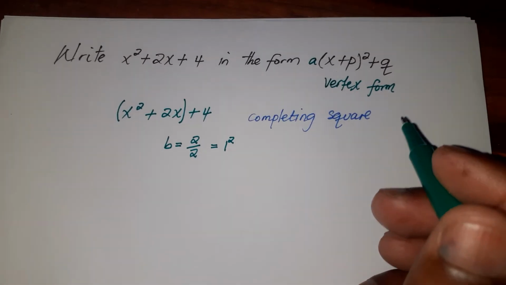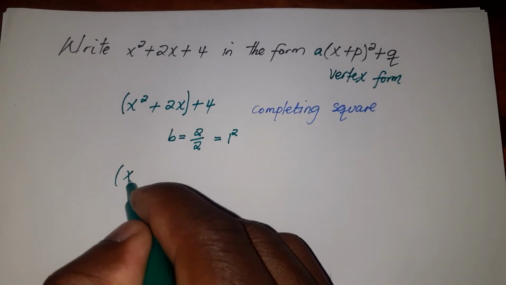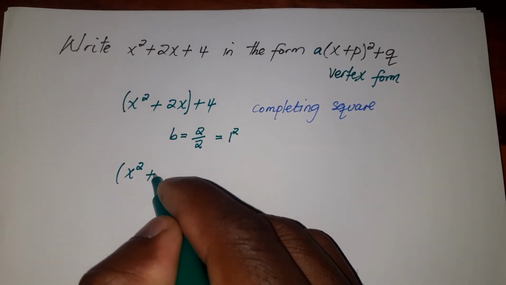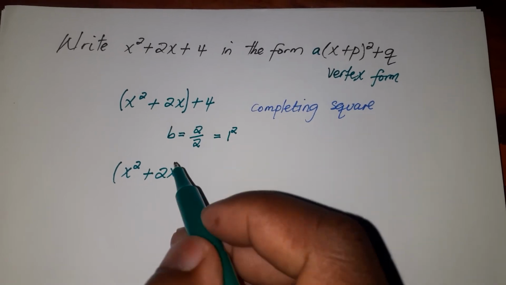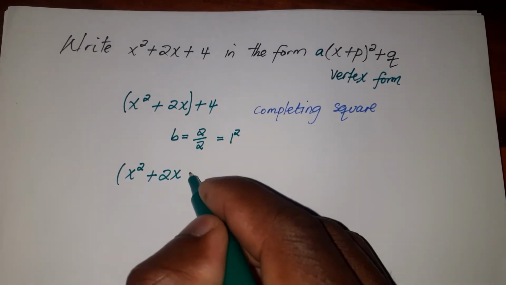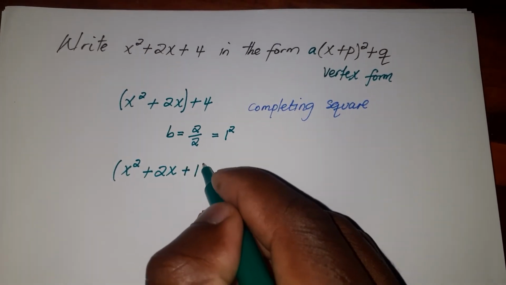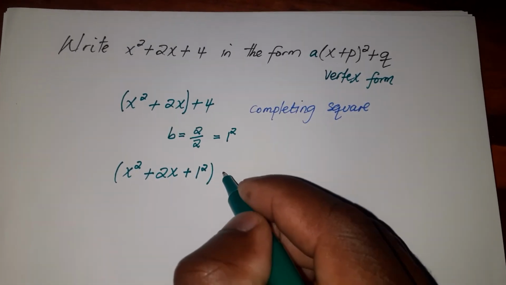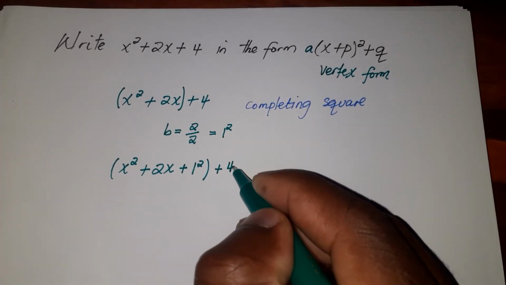Now after that, we open the same bracket here, and then we write x squared plus 2x. Now to this 2x, that is where the bracket ends. Now inside the bracket we have to add that result that we have squared. Then we have 1 squared. We close bracket, and then we write plus that 4 there, plus 4.